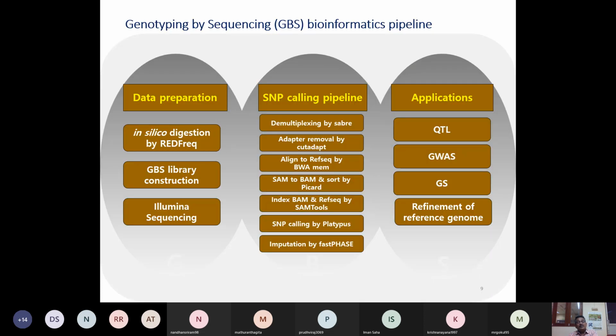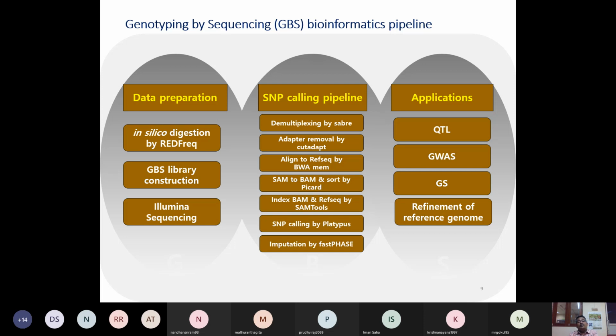Once the library was constructed, it went for Illumina sequencing. After the Illumina sequence data came, the data is looked into for whether adapter is present. First you have to remove the adapter, and also align to the reference sequence by the BWA MEM software.